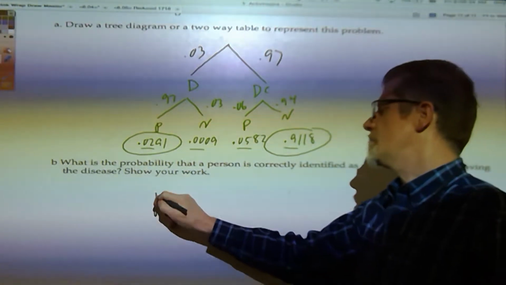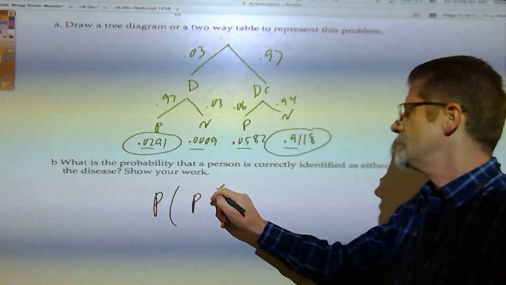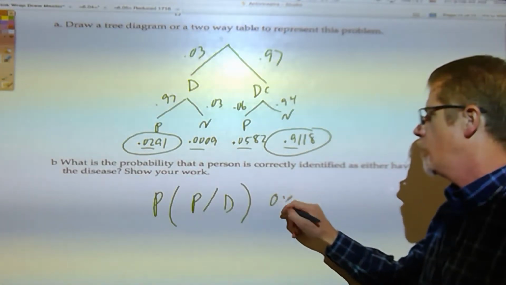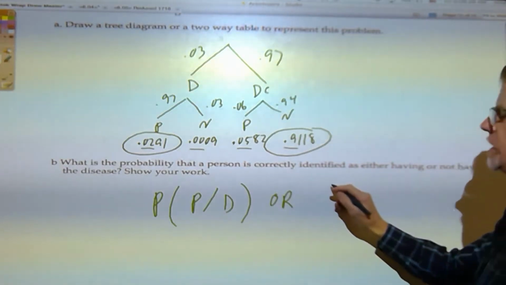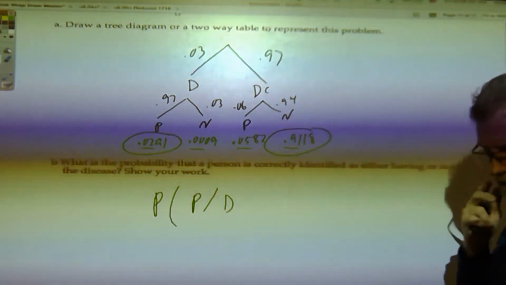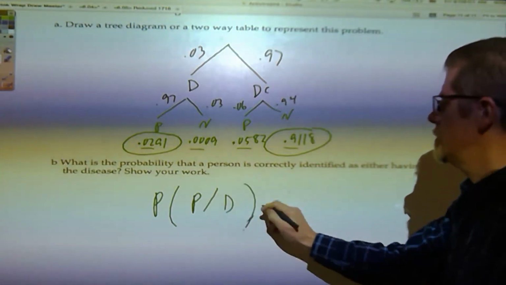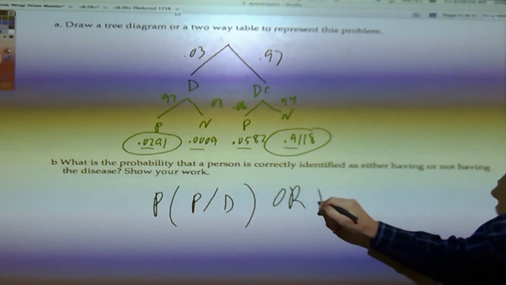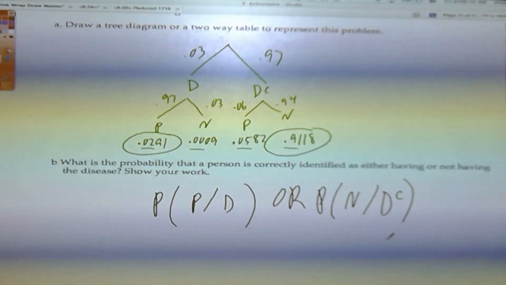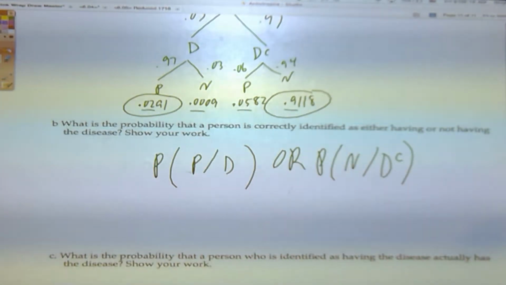Basically, what's the probability of a positive test result given that you have the disease, or the probability of a negative test result given disease complement. And or implies we're just going to add up the cases and subtract the overlap. There is no overlap.